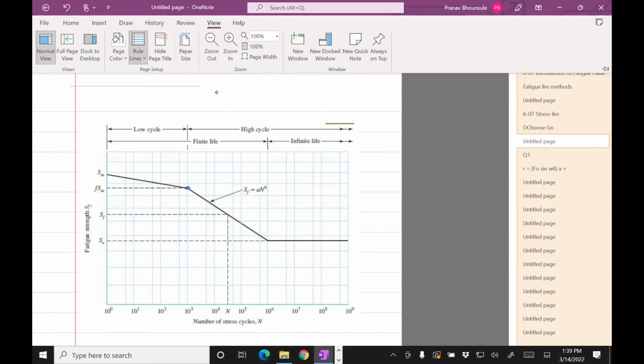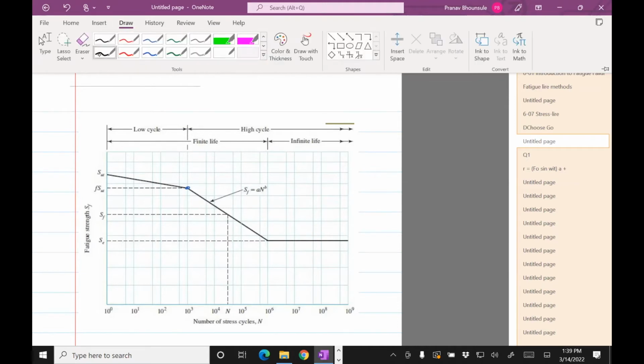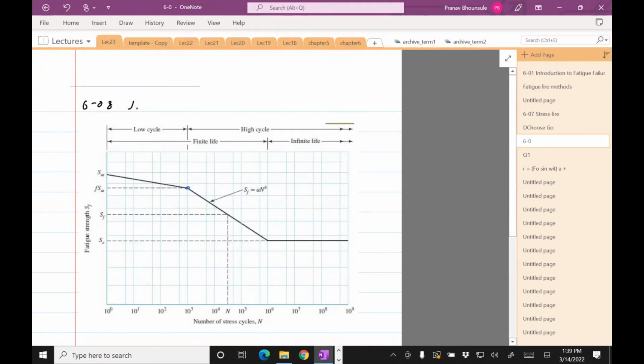So this is known as the idealized Sn curve. There are 3 regions. This is region 1.